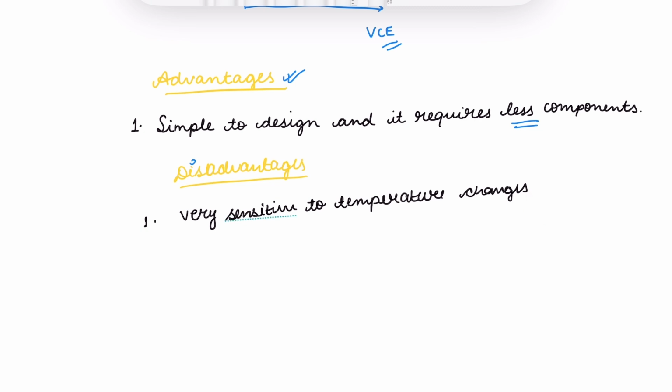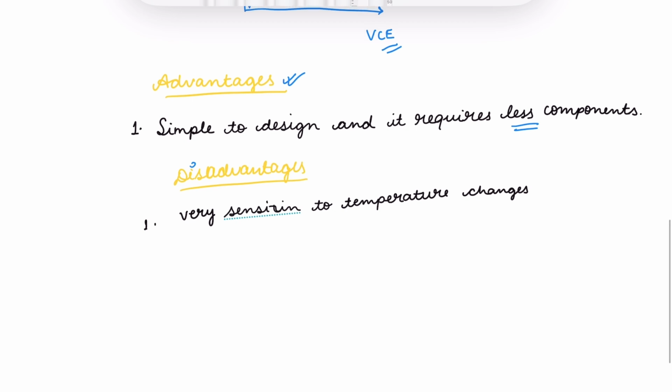And when it is sensitive to temperature changes, the Q point for the circuit will also shift very drastically for even a little change in temperature. So it leads to instability and shifting of operation points, leading to clipped circuits and undesirable outputs.